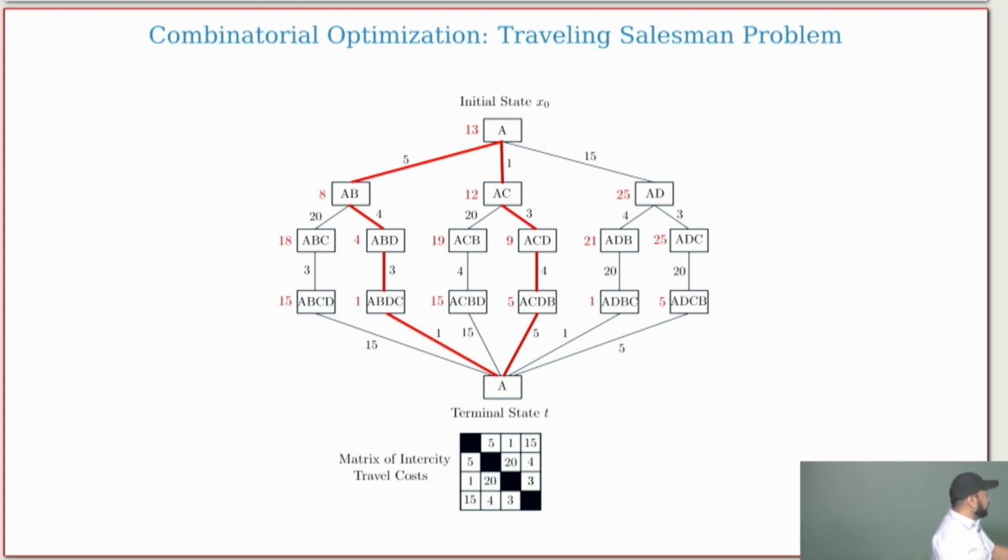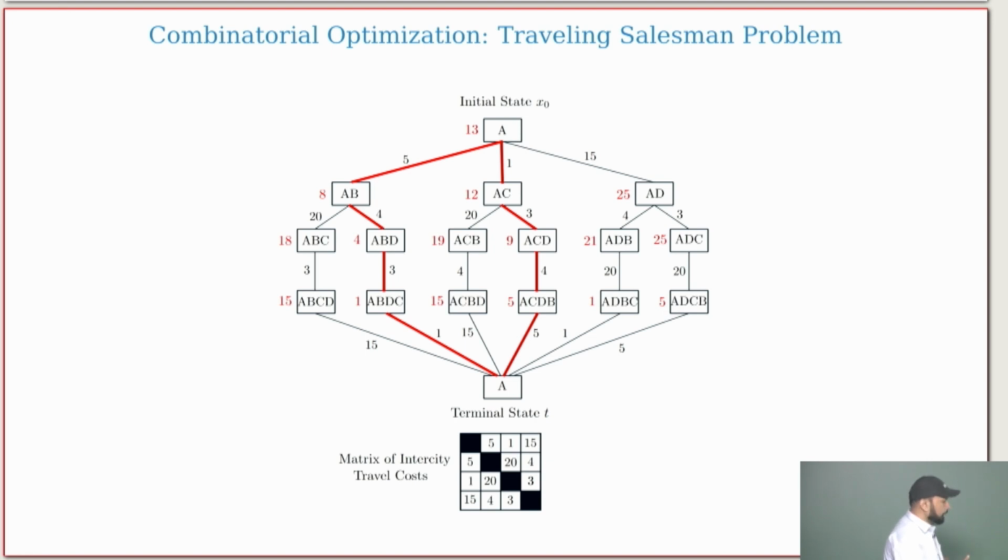The cities are now A, B, C, D rather than 0, 1, 2, 3, and here we have written down the possible branches that we may explore. So the starting city is A, and from A we can go to 3 possible cities, which could be B, C, D. The next state is denoted as the string AB.